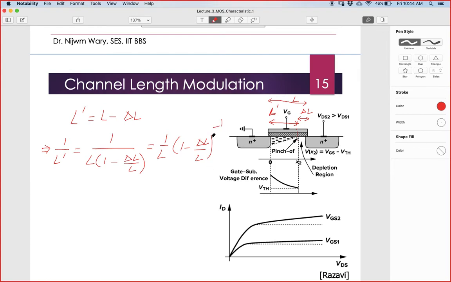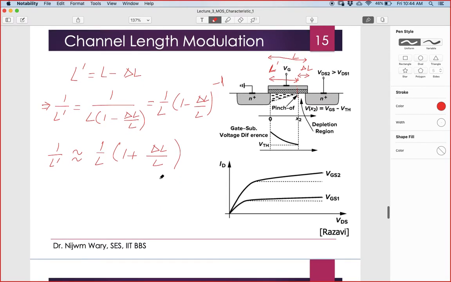Now, if delta L by L is very, very small compared to 1, I can do a simple approximation and take the minus 1 power before. What I will get is 1 by L dash almost equal to 1 by L, 1 plus delta L by L.